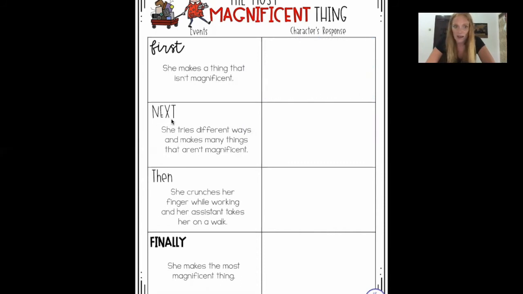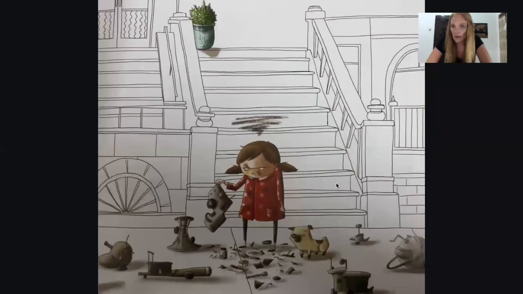All right, next. She tries different ways and makes many things that aren't magnificent. Let's see how she feels here, her response. There we are. Okay, so she tries many different ways, and all of them are not magnificent. So we have 3 left. Explodes.